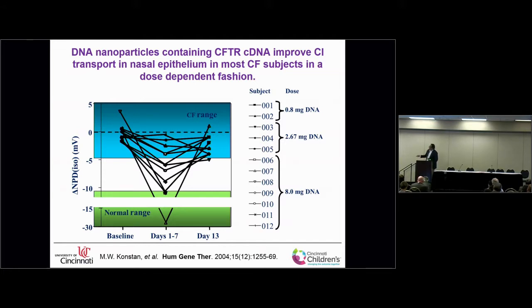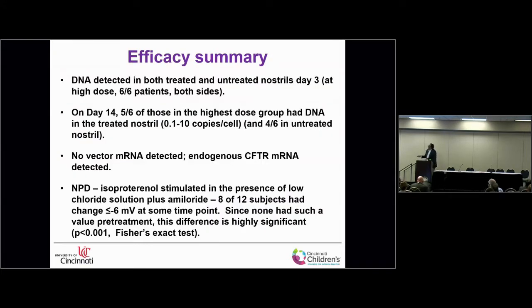We designed the study this way. We used a CMV promoter so the expression wouldn't last, because we wanted to see that we didn't damage the noses in any way to get this artifactual measurement over time. And so we were able to show that. But some of the efficacy data was split in my mind.